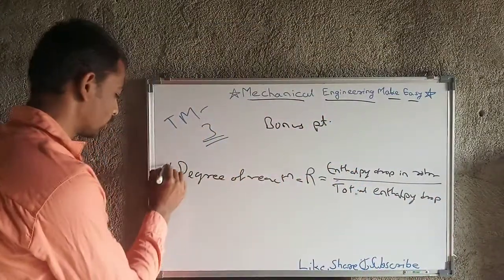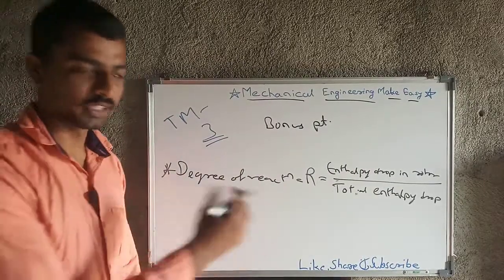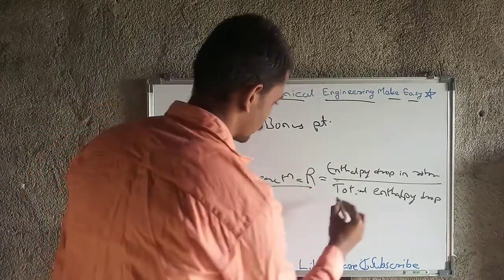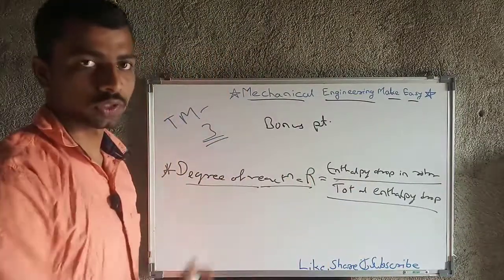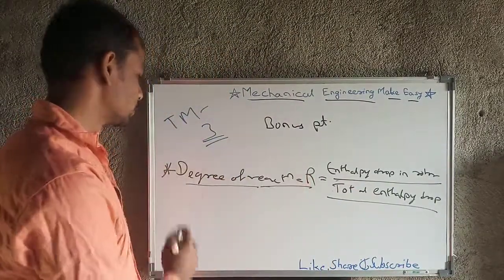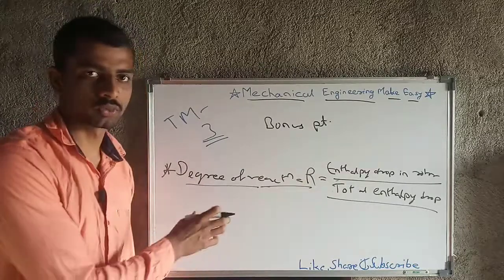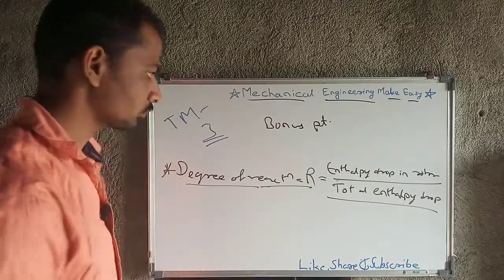Why have I taken this formula? Because there was a question in a previous year depending on this formula. So note down this formula also. This formula is very important.